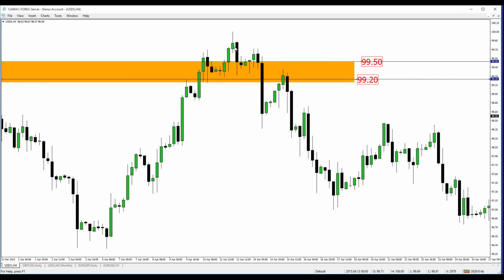Was there any indication that started the breakdown? Once price trades up to these levels in here, you've got to be aware that these may be new, smaller, short-term bearish order blocks that could be utilized for trades.